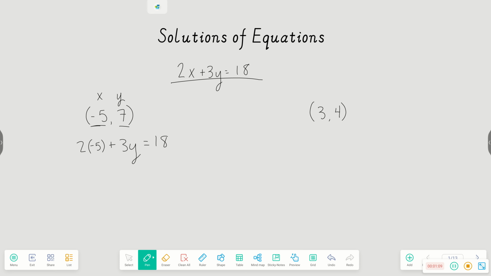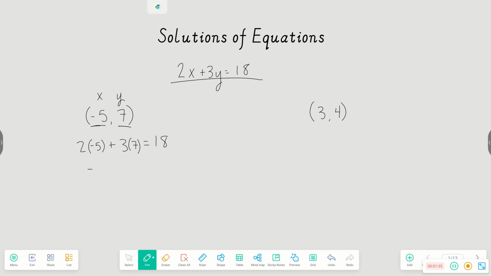So I'm substituting x with -5, so I need to put parentheses around the -5. Same with y. Now instead of y, I have 7. I'm substituting that in, so I need parentheses around it. Now this statement says 2 times -5 plus 3 times 7 equals 18. So let's see if that statement's actually true.